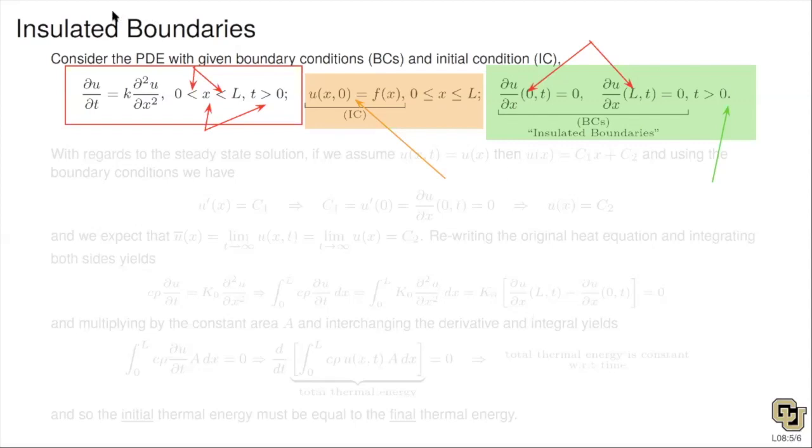Yeah, go ahead. Do we need an IC and 2 boundary conditions or an IC and 1 boundary condition for this to be fully specified? Since there's two spatial derivatives, from how I understand it, we would need 2 boundary conditions. Okay.